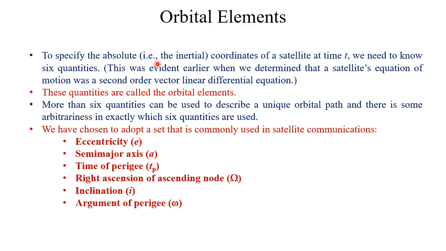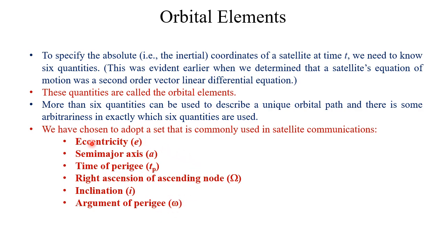And we have to get the local time from the UTC time using some simple formula. To specify the absolute coordinates of the satellite at time t, we need to know 6 quantities that we have already mentioned. These quantities are called the orbital elements. We can select 6 orbital elements like this: eccentricity, semi-major axis, that is a, time of perigee, Tp, right ascension of ascending node, capital omega, inclination angle or inclination i, and argument of perigee, that is small omega.